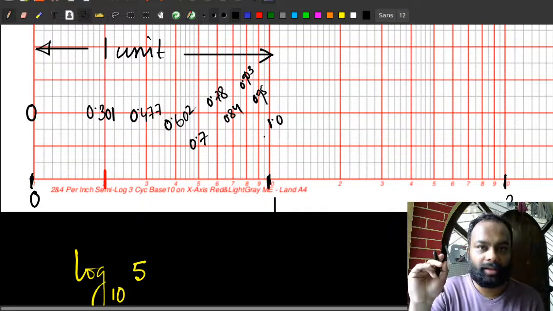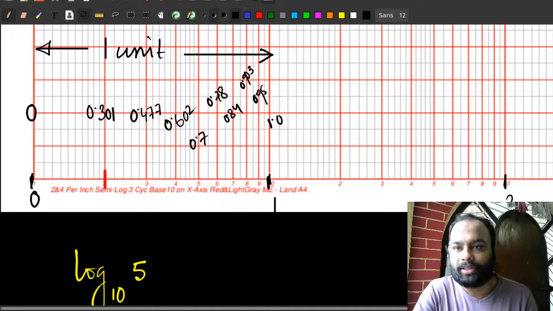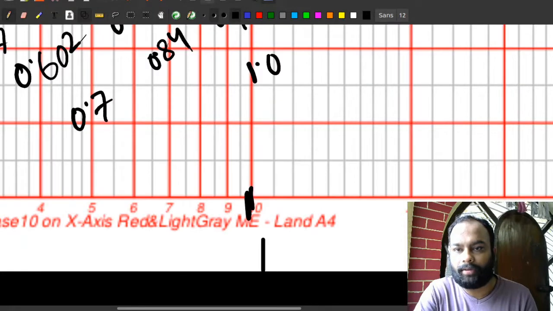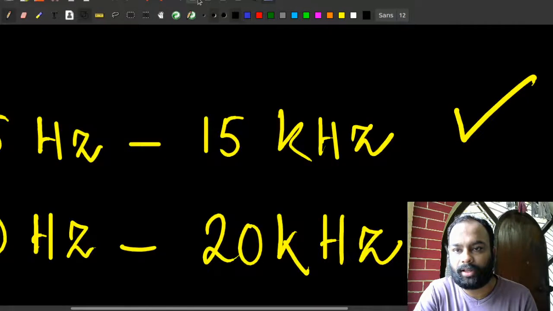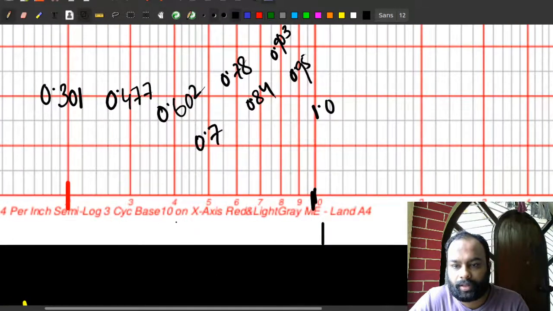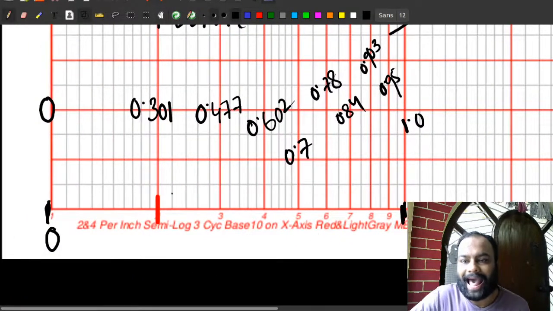Let me zoom in on this graph paper a little bit more so that you have a better view of everything. So now, at this point, I'm saying that if this length is 0, then what about this length? This length is 1, right?